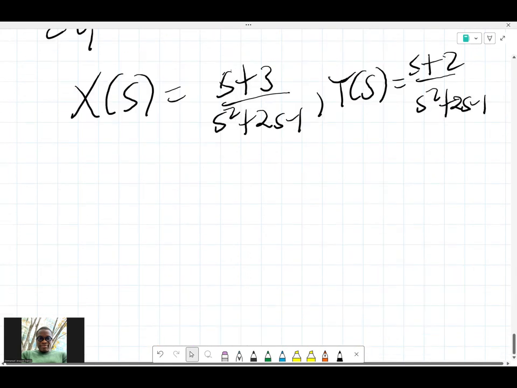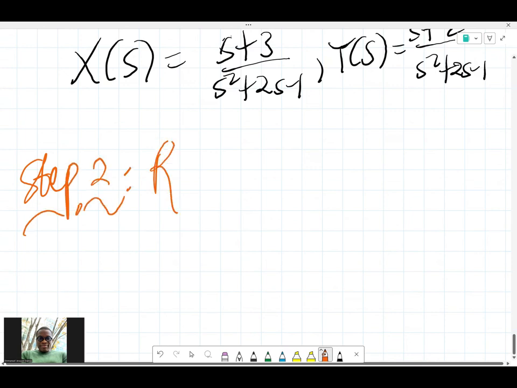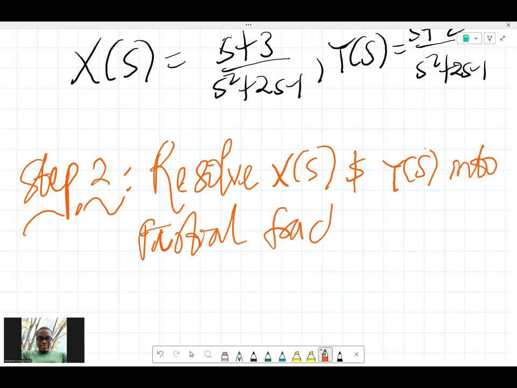So let me call this step two now. Step two: resolve x of s and y of s into partial fractions.